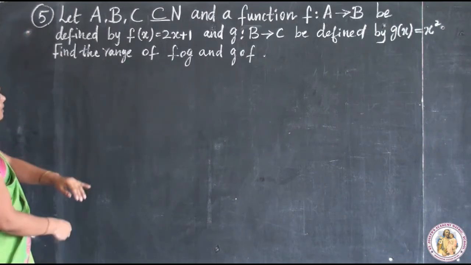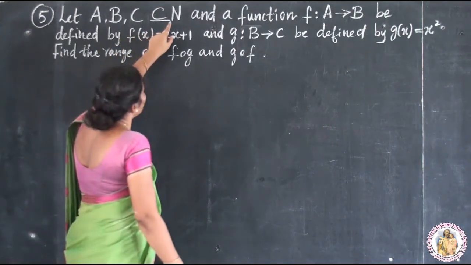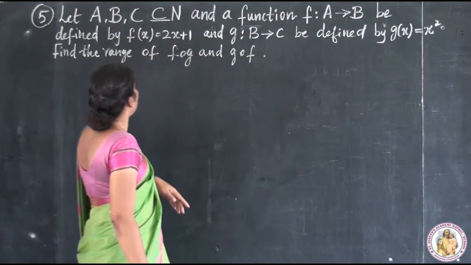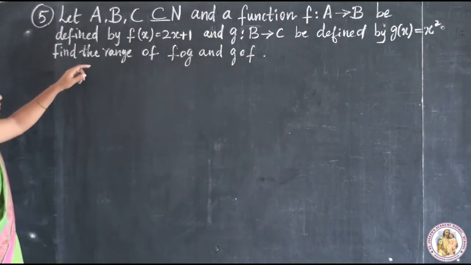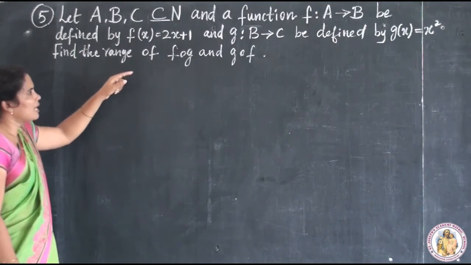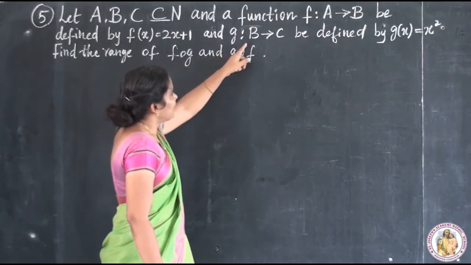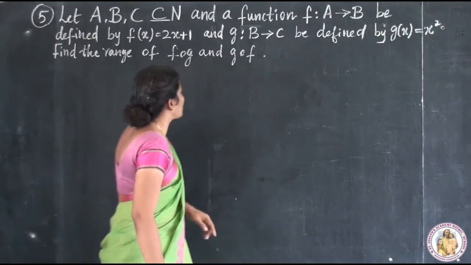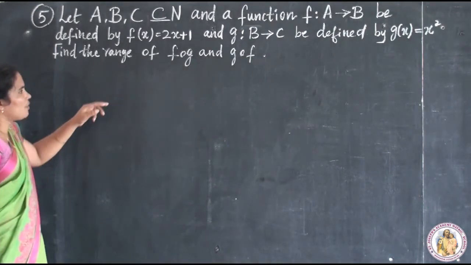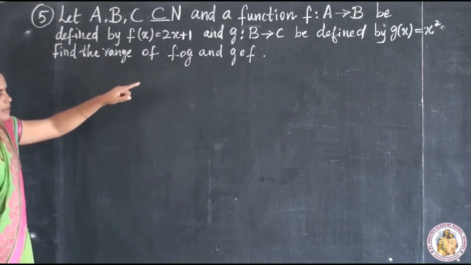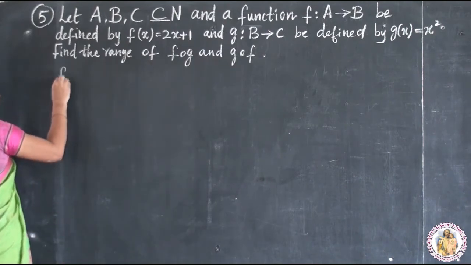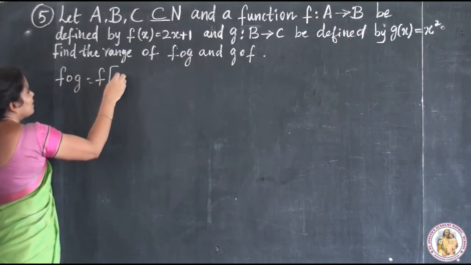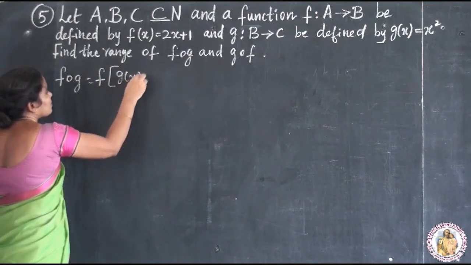Question number 5. Let A, B, C be subsets of natural numbers and a function f such that A to B is defined by f of x is equal to 2x plus 1, and g such that B to C is defined as g of x is equal to x square. Find the range of f of g and g of f. So first you find f of g. What is f of g? f within bracket g of x.